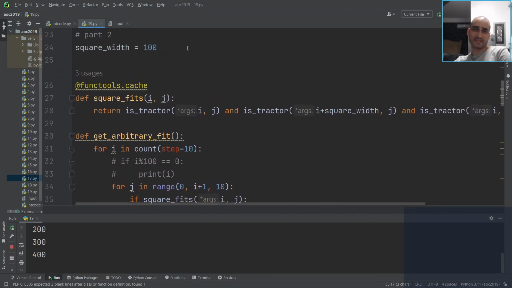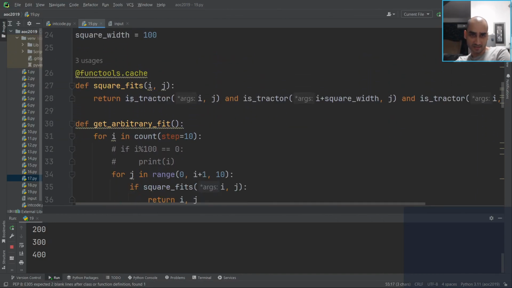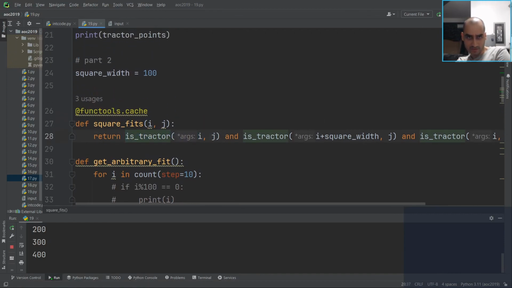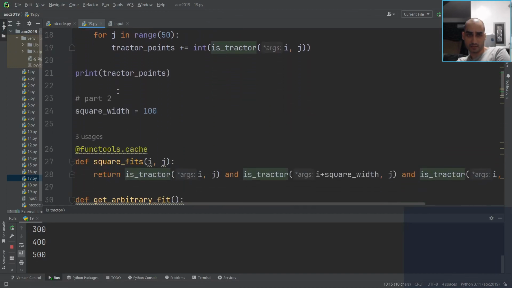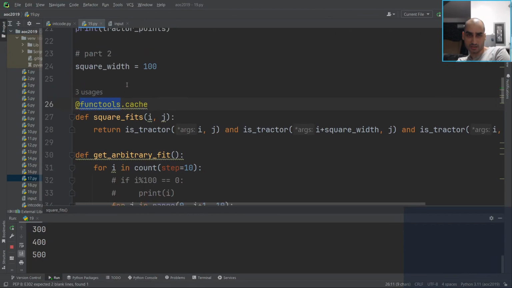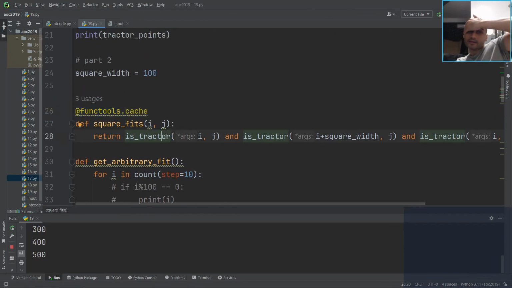We have no way of testing any of this, so it could be that there's just a mistake somewhere up here. Yeah, and we're caching it. That's correct. And you're caching this, that's correct.